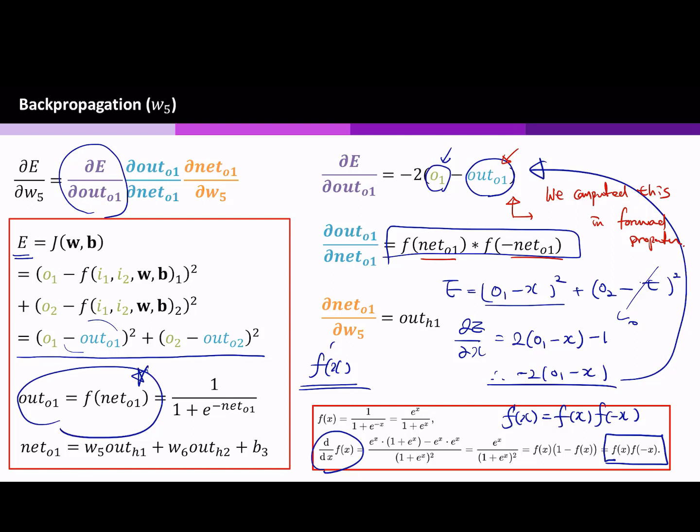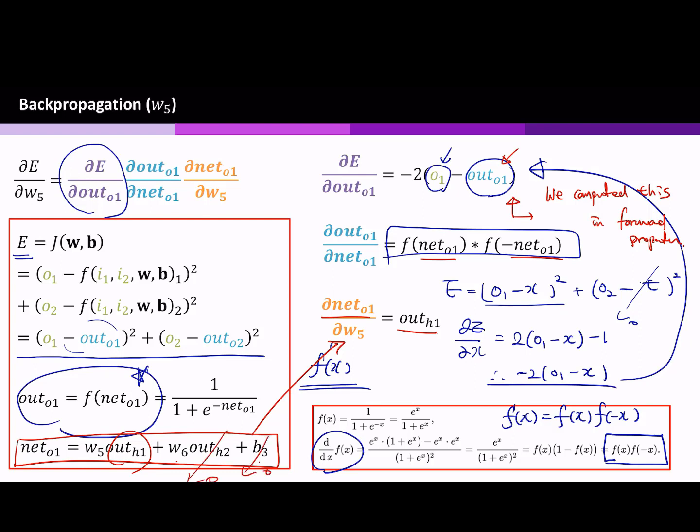What about the partial net O1 over the partial W5? You can easily find out that it is the output H1, right? Because W6 and B3 are not functions of W5, so all of those cancel out.